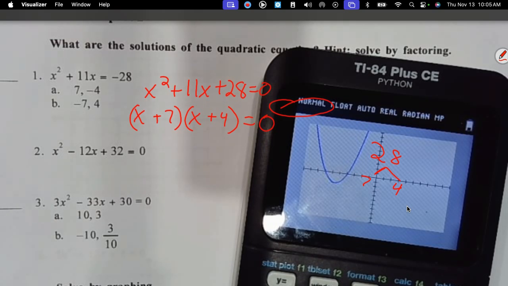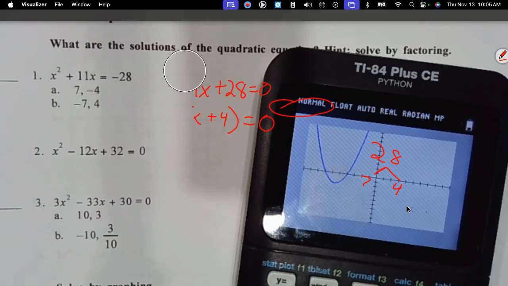Negative 7 and negative 4. You can even look and tell they're on the negative side. Go check yourself, okay? That didn't take but 2 seconds to enter that in and look and see where they are. Is everybody good with that? See how it all goes together? Factoring, graphing. I could have done the quadratic formula on it.